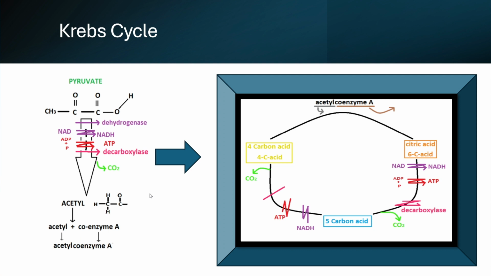So we have an acetyl, and an enzyme comes called coenzyme A, and the acetyl attaches itself to the coenzyme, and the coenzyme transports it to the Krebs cycle, which is in the cristae of the mitochondria. So this is a C2 compound. There's two carbons in this compound.